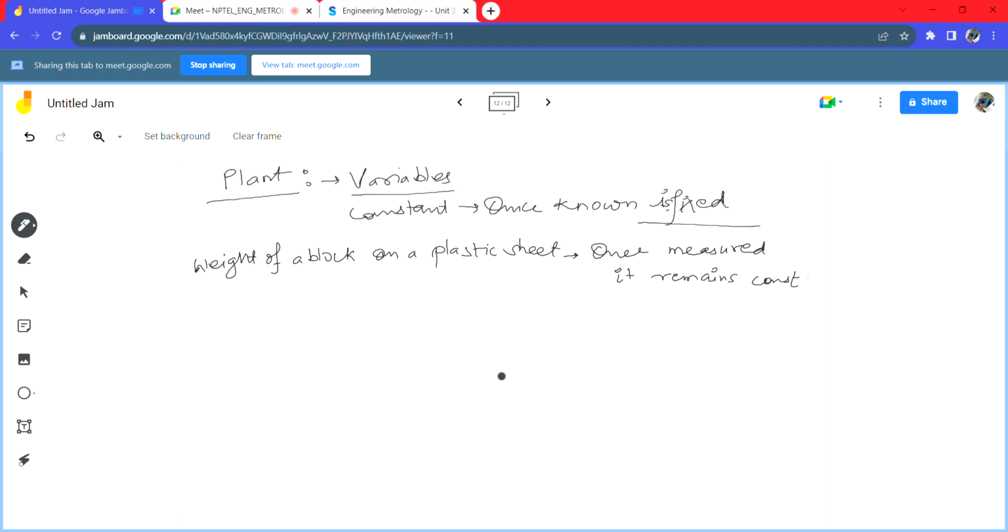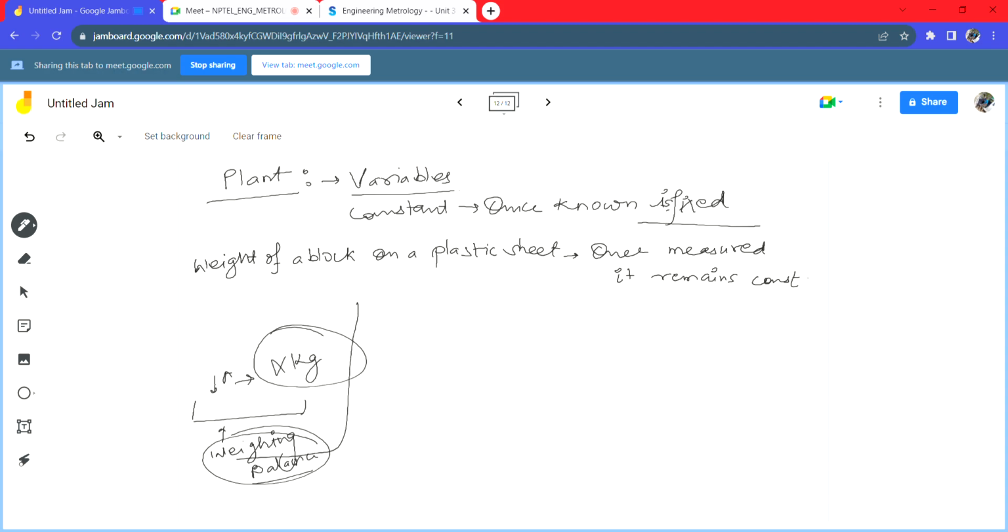So what we can do is we can just put a weighing balance here, measure that force and conclude that okay, this is say x kgs of force being put on my block, and this is done.